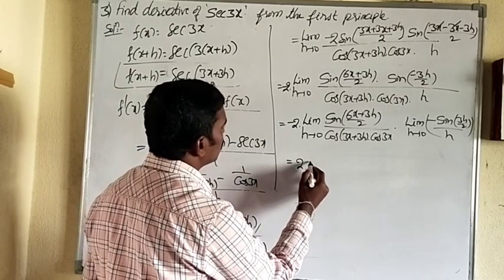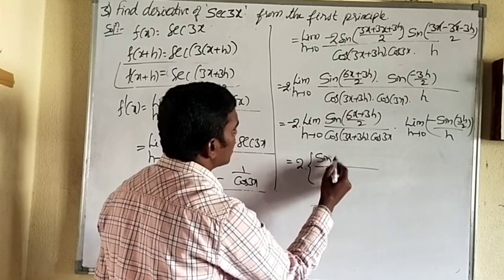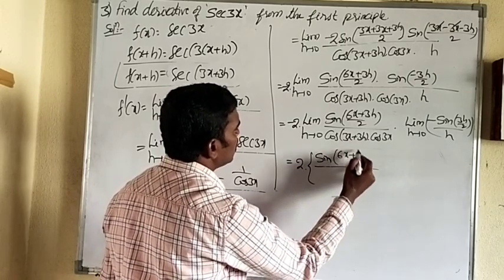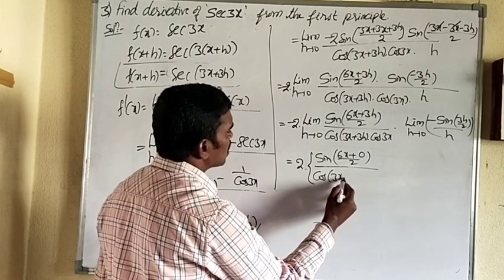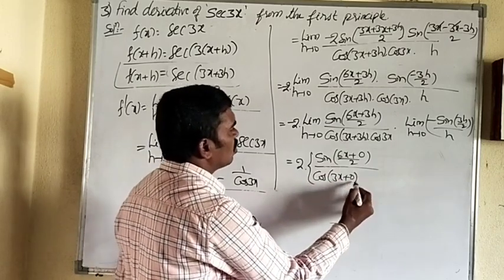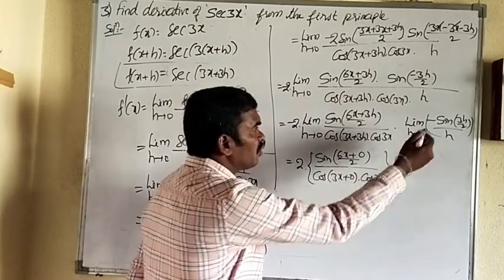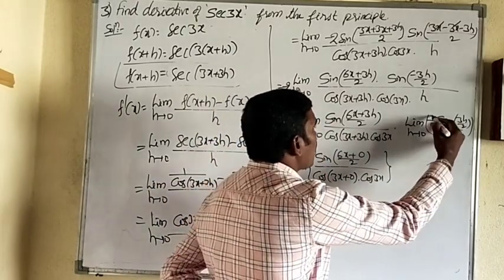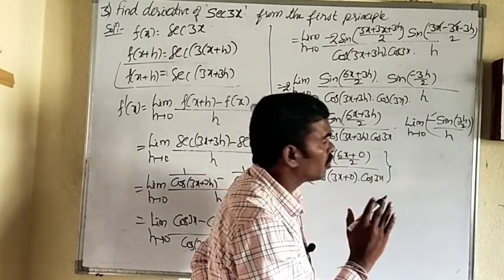So 2 into, here apply h value 0. So it becomes sin of 6x plus 3 into 0 by 2, and by cos of 3x plus 3 into 0, into cos 3x. It is finished. And what about here? This minus into minus is written plus, so don't think about minus.